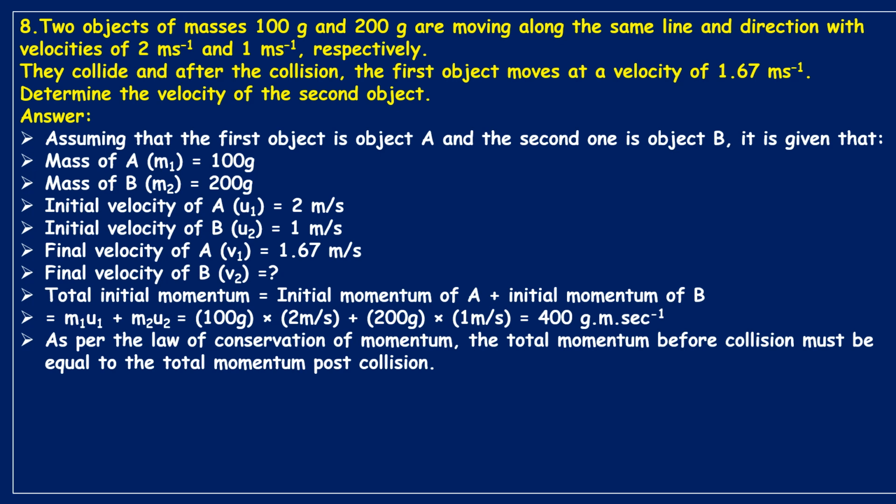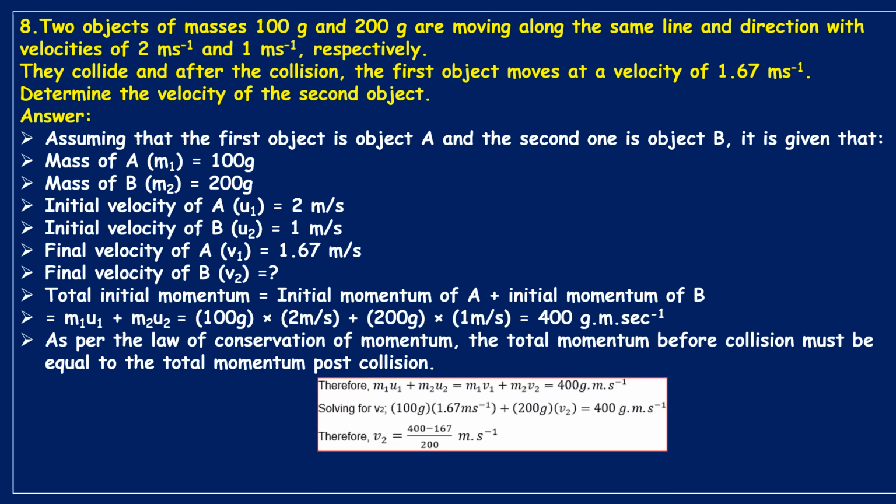Now, as per the law of conservation of momentum, the total momentum before collision must be equal to the total momentum after collision, right? So before collision, the initial momentum is 400 gram meters per second. After collision also, the momentum should be the same according to the law of conservation of momentum.